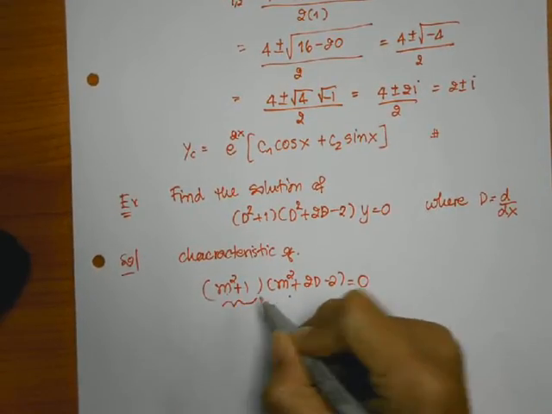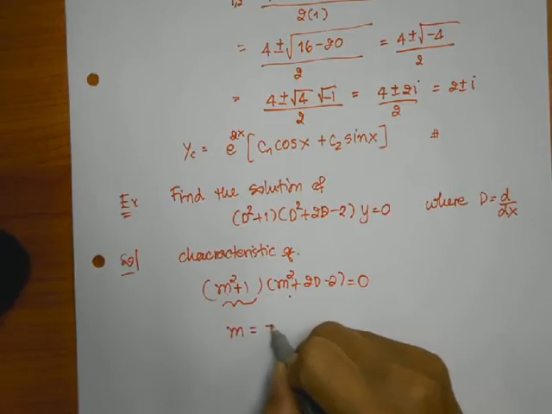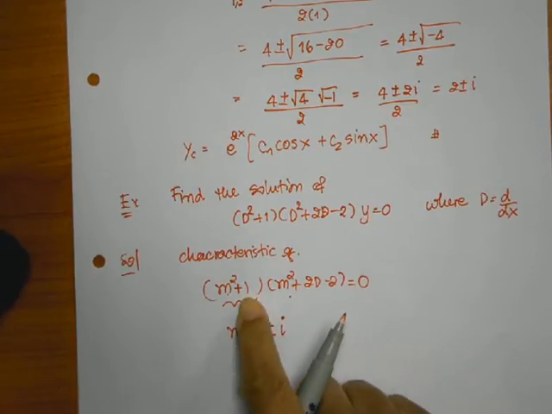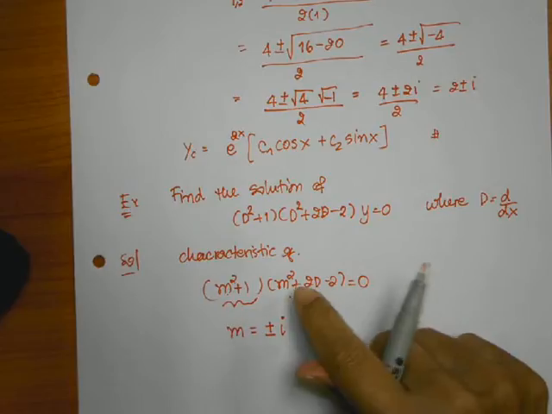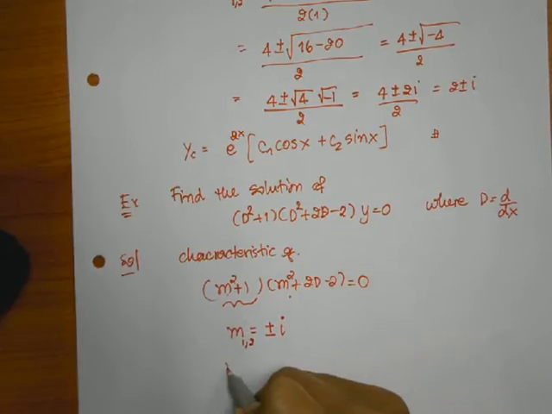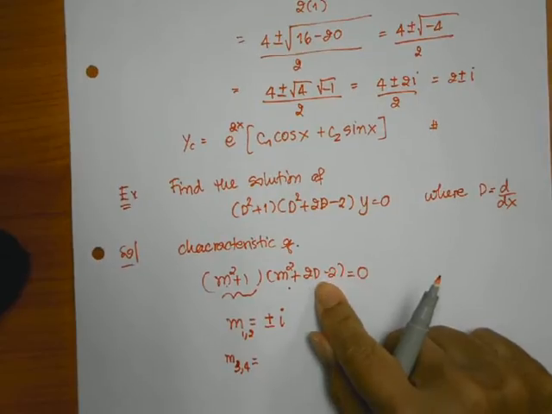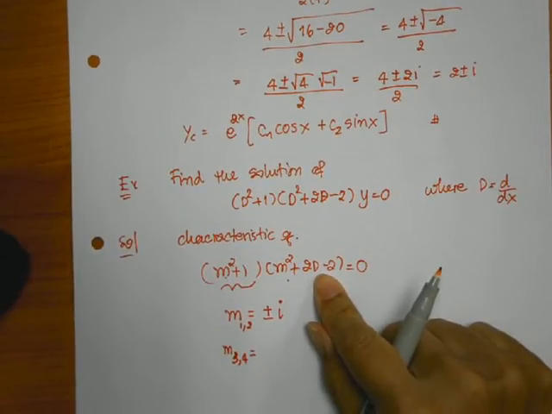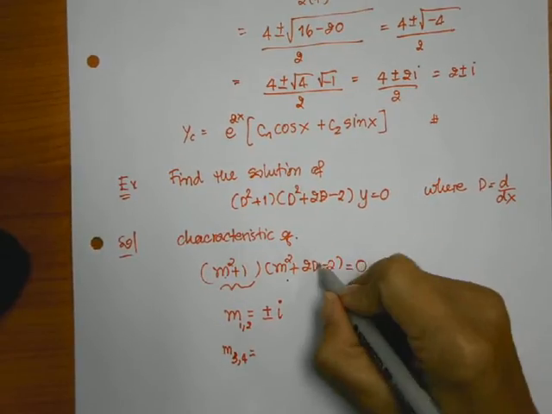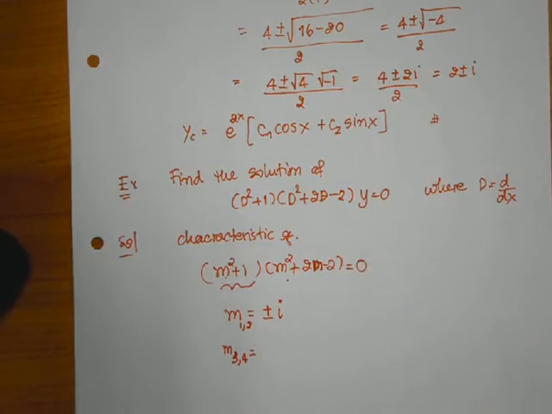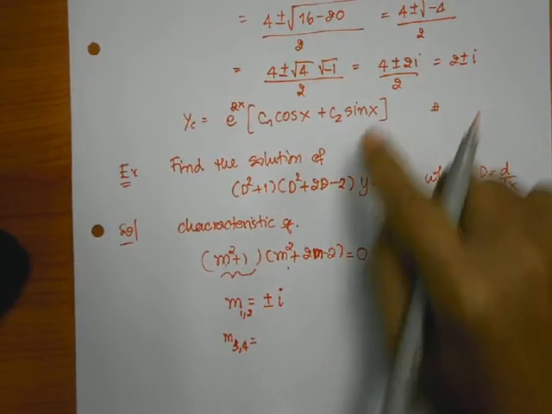The first two from here, we got m is equal to plus minus i, right? Another two we got to find from this one, which is m squared plus 2m minus 2. This one again, we got to use the formula.